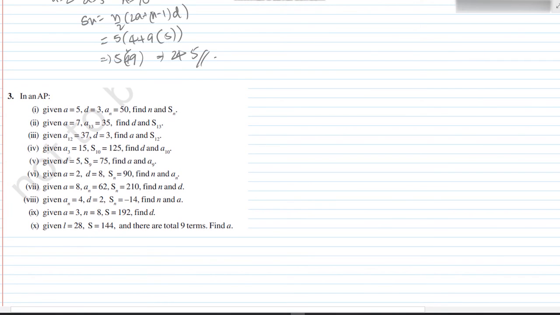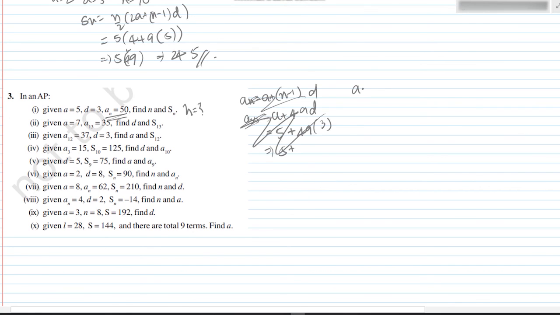So here given a, d, and the last term, so here we should find n. How will you find n? This is there, no? Take the formula a plus n minus 1 d. Here an is 50 and a is 5 and d is 3, right? So 50 is equal to 5 plus n minus 1 into 3.